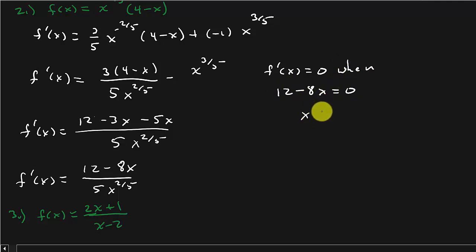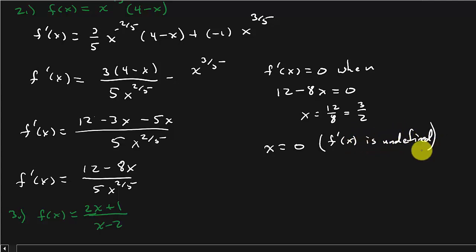So x is 12 over 8, which is 3/2. So we have a critical number at 3/2 and at x equals 0. Why is that? Because f prime of x is undefined at x equals 0. So our critical numbers would be 0 and 3/2.